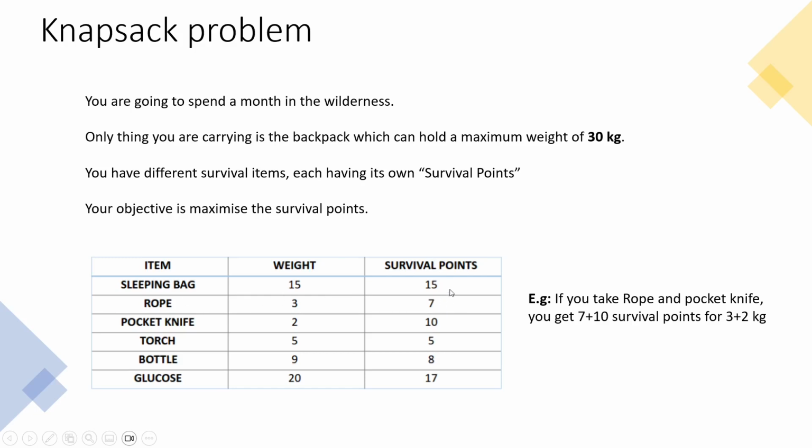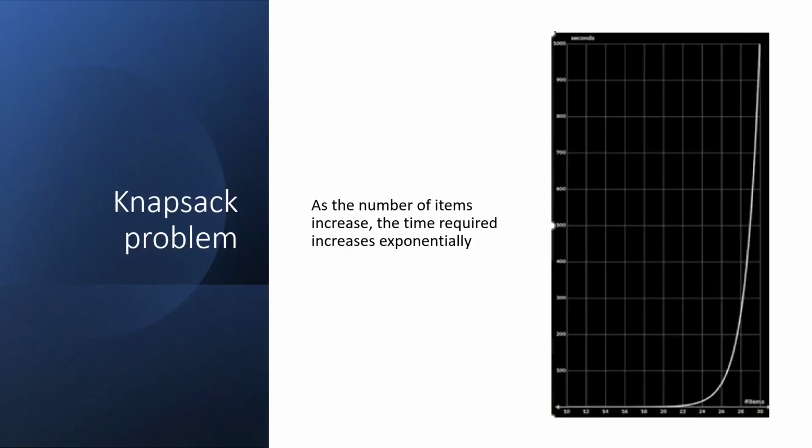So it's not easy to select any of these items, because you have limitations. You are trying to maximize your survival points, that's why it's an optimization problem. But you have a constraint on weight. So this is our constraint, and this is what we would like to maximize. We would like to have maximum survival points where we cannot carry more than 30 kilograms. That's what the knapsack problem tries to solve.